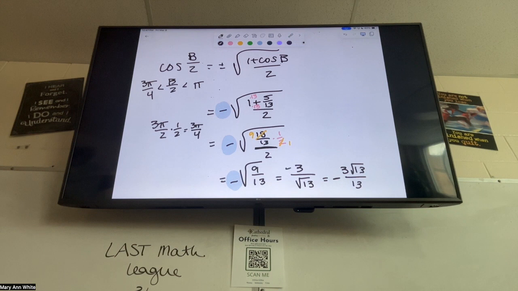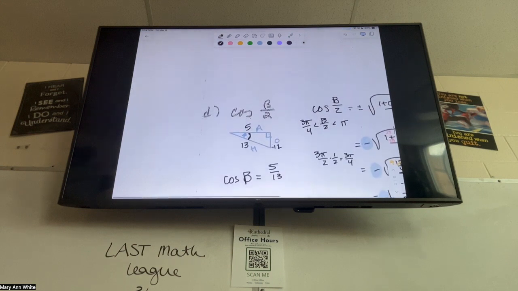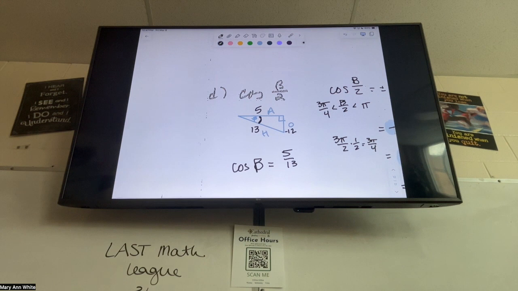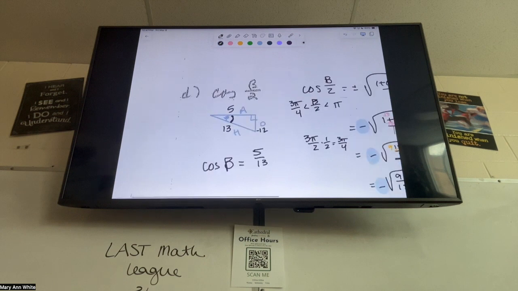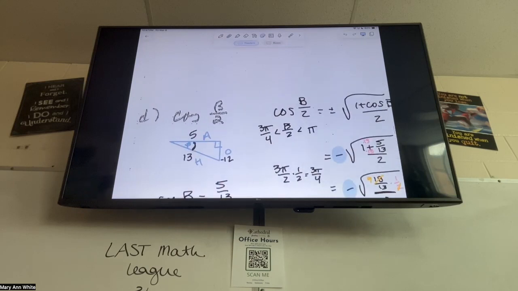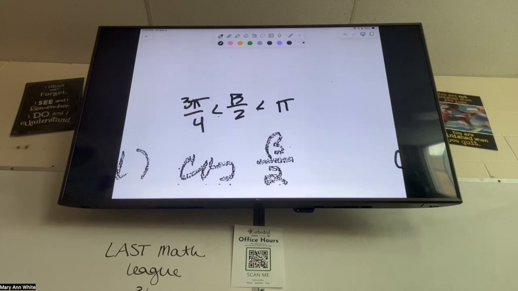Just to reiterate what we just talked about, if we know that beta is in the fourth quadrant, if beta is between 3 pi/2 and 2 pi, so if I multiply by 1/2 to all of those pieces, that's how I get to beta divided by 2 being somewhere between 3 pi/4 and pi.